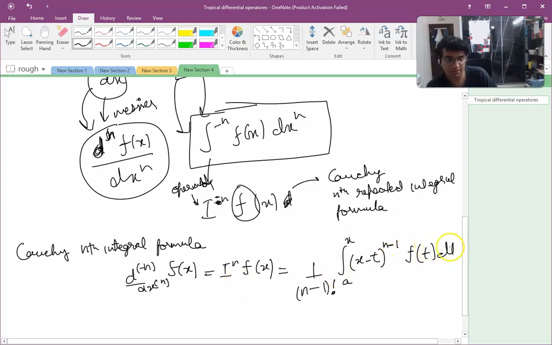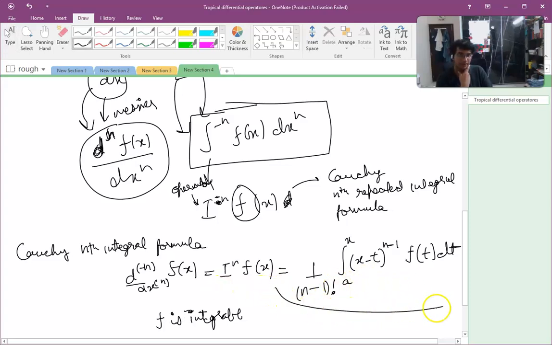This is under the assumption that f is integrable. So this is basically what we have to play with for our first definition.